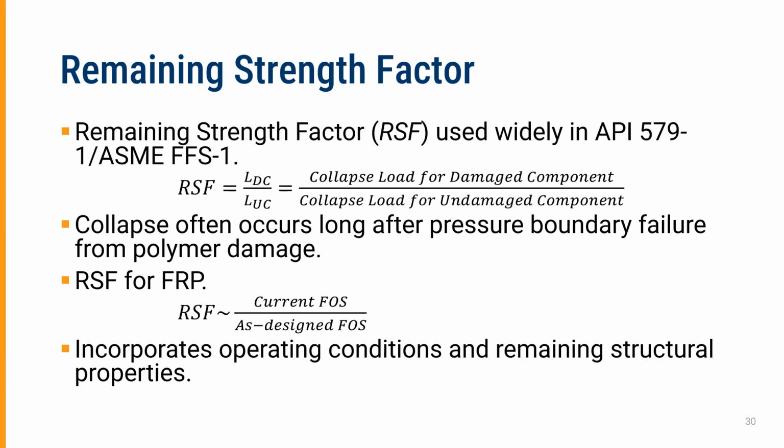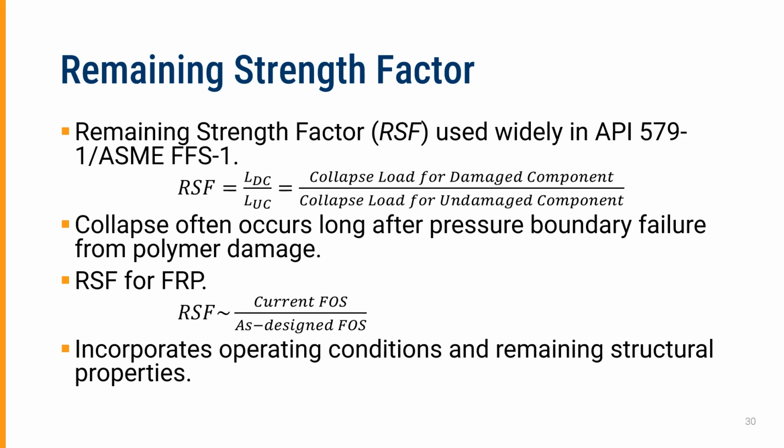Okay, because a pressure boundary failure can occur well before collapse occurs because we have cracks form in the polymer. So the RSF, or remaining strength factor for FRP, is also basically equal to the current factor of safety divided by the as designed factor of safety.